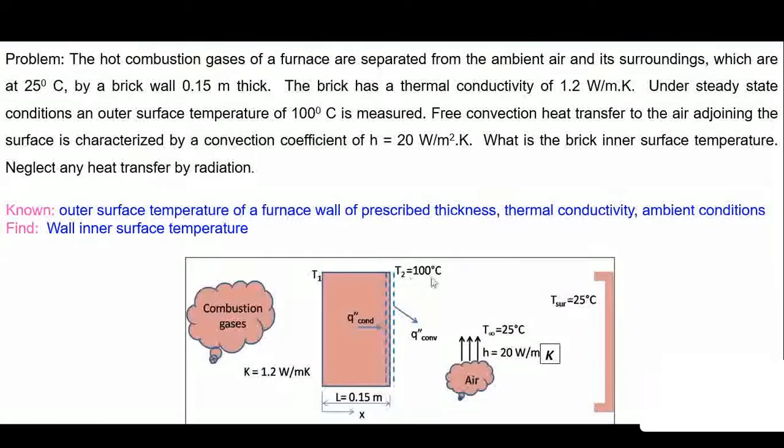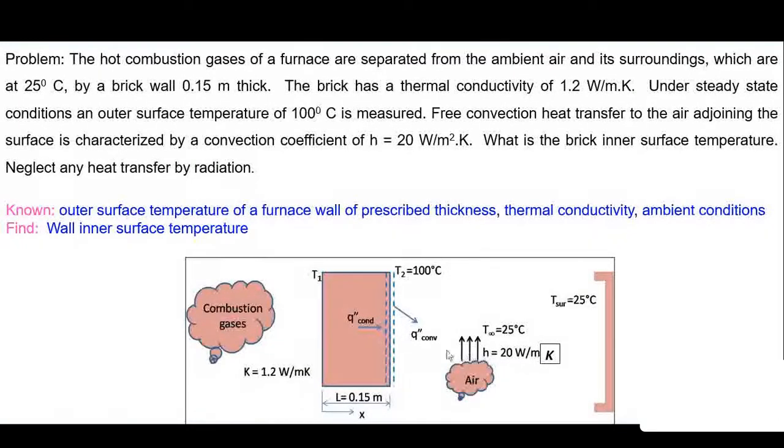In this case, it is given as 100 degrees Celsius. So this outer surface, at temperature T2, that is 100 degrees Celsius, is going to lose energy because of convection to an environment having temperature 25 degrees Celsius, and the heat transfer coefficient is given as 20 watt per meter square Kelvin.